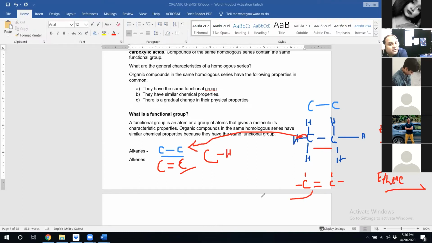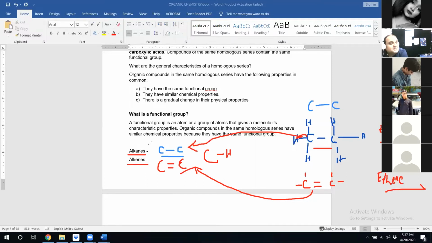Since this compound has a carbon-carbon double bond, you cannot classify it under the alkane group or alkane family. It has to be classified under the alkene family.